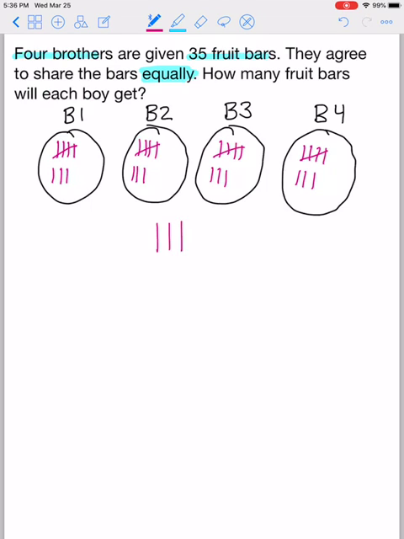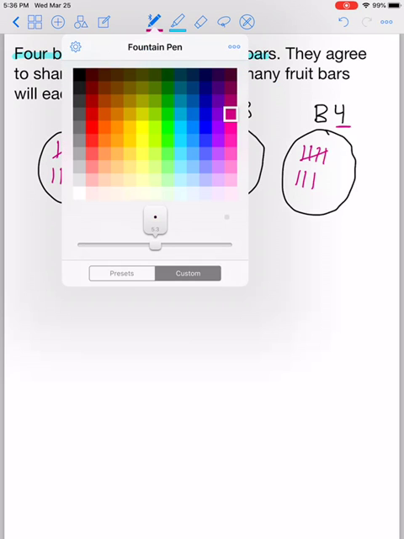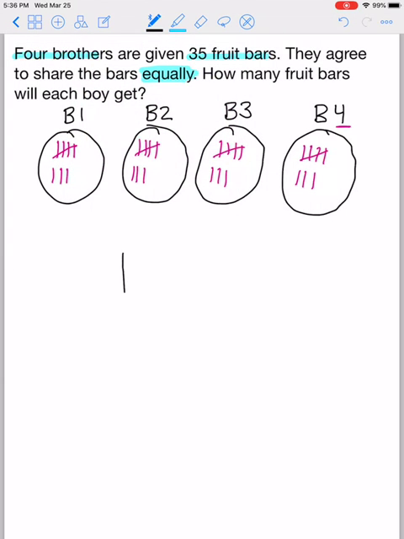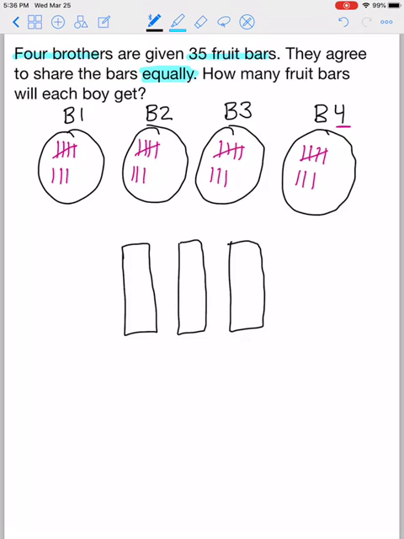33, 34, 35. Now, I put these 3 at the bottom here because there's 4 brothers and only 3 fruit bars that are left. So I have to think to myself, can I split up a fruit bar? Can I take the 3 that were left over, and can I break them apart so all the boys get equal portions?